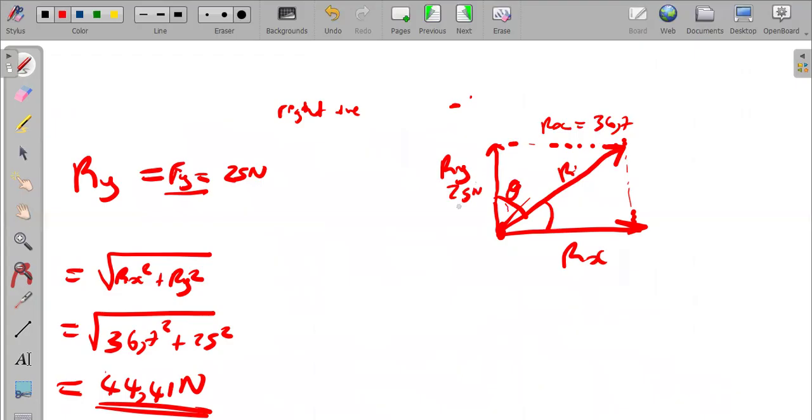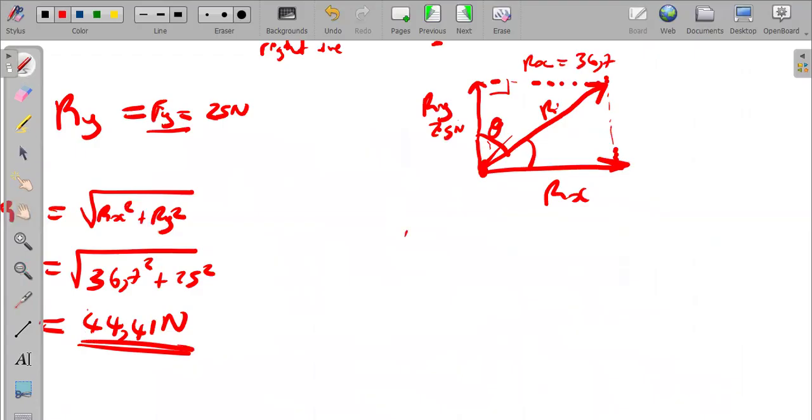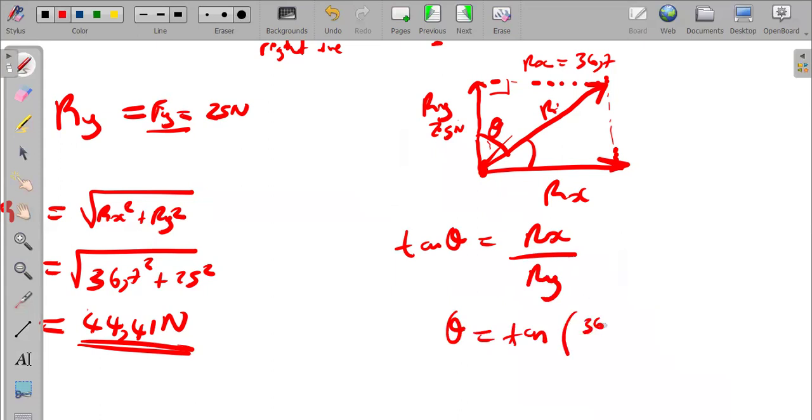Hence, for that reason, we can use trig ratios because this is opposite and this is adjacent. Because this is a right angle triangle, mind you. So we can perform our calculation directly. Tan theta is equal to opposite over adjacent, so theta is equal to arctan of Rx, which we know is 36.7, over Ry, which is 25.